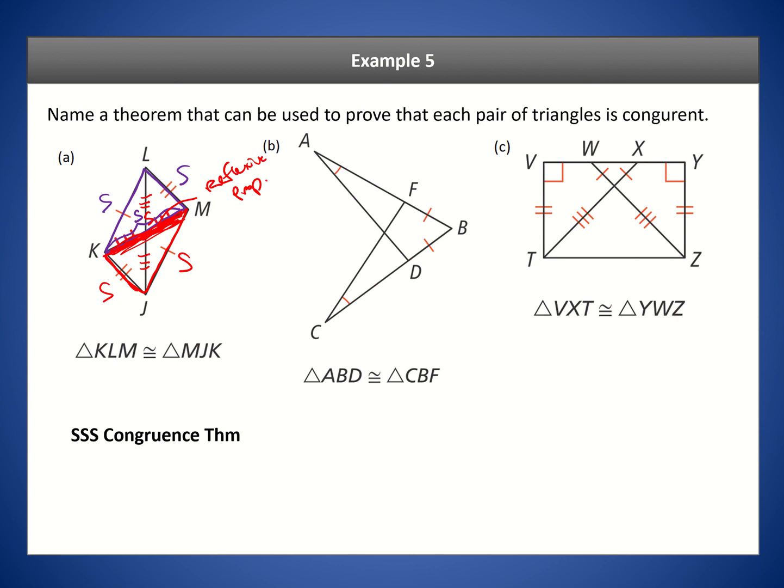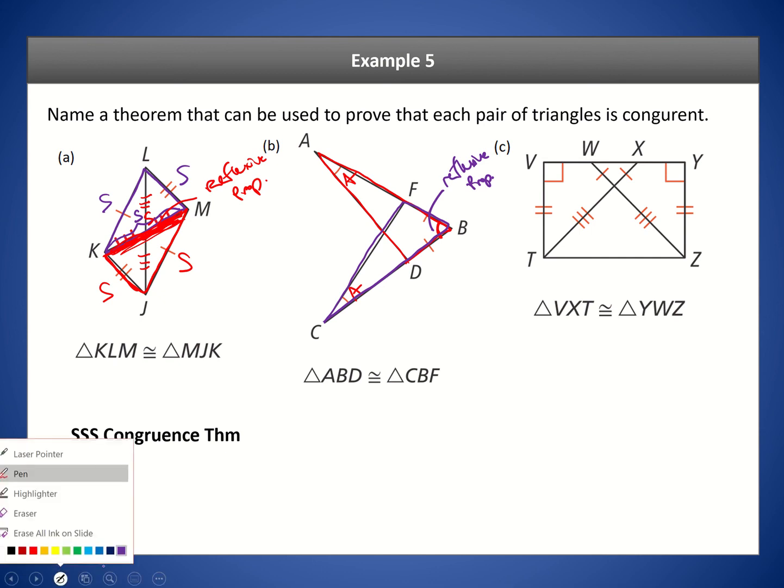Now for the second diagram, we have an angle corresponding to this angle. And we know that this angle is the same angle for this triangle as it is for this triangle. And that's by the reflexive property as well. That angle is congruent to itself.